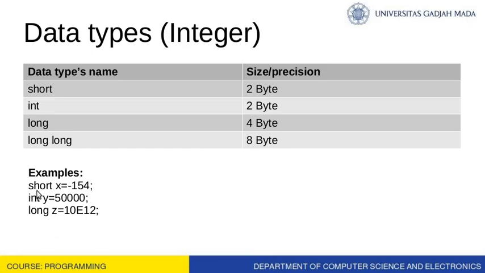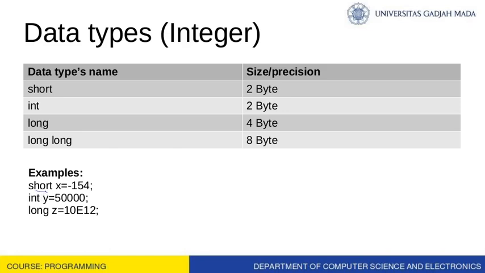So suppose you want to store a small integer value, you just use short because it consumes less memory rather than long. So suppose you have this minus 154. This number is enough to be stored in 2 bytes of memory. Therefore, we use short rather than using long.